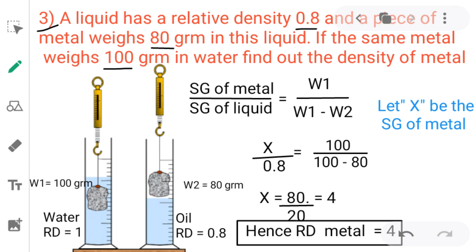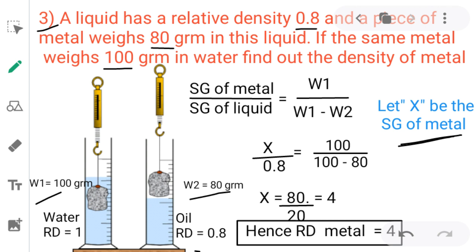The Sg of metal has to be calculated. Let x be the Sg of metal. So x divided by Sg of liquid, which is given as 0.8, equals W1, the weight of metal in water, which is 100, divided by W1 minus W2, where W2 is the weight of metal in the liquid, 80.